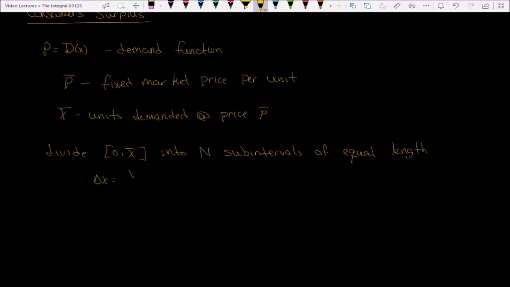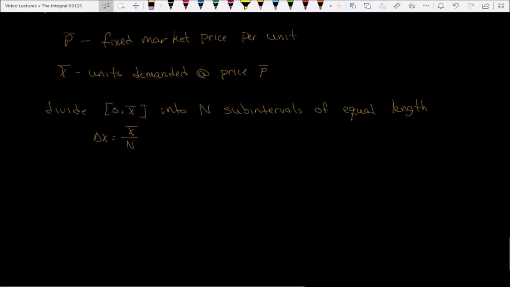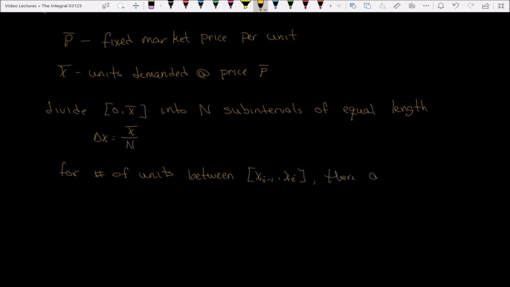Call it delta x, which is X bar divided by capital N. Then, for number of units between x sub I minus 1 and x sub I, there are consumers willing to pay D of X sub I per unit.